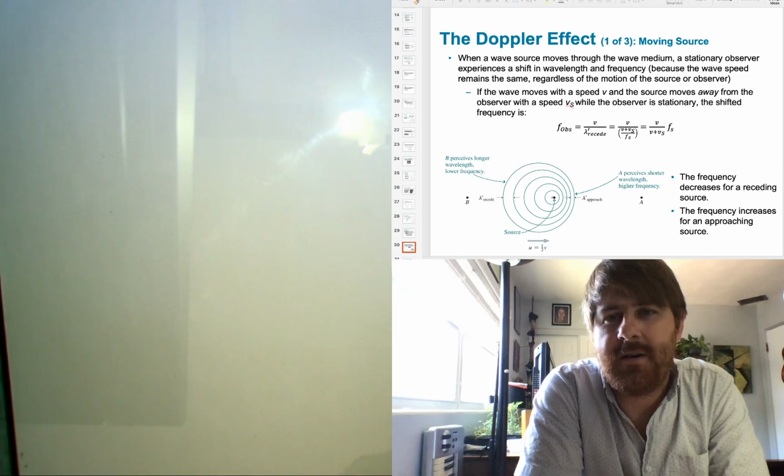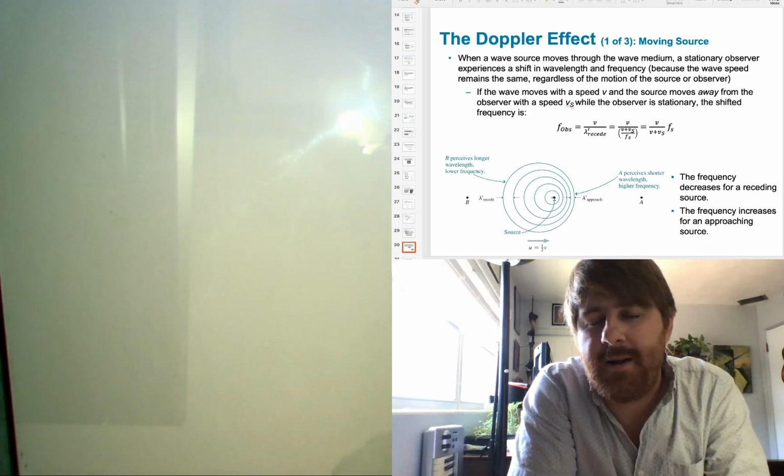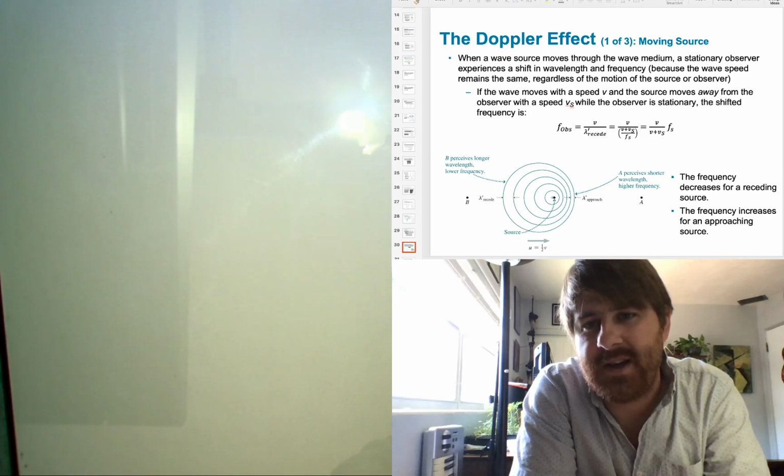Instead, what changes are the frequency and the wavelength that an observer would hear relative to the frequency the source was emitting. So let's first consider the case where there's a source and it's moving relative to a listener, okay? And it's moving away from the listener. We'll treat that as the positive x direction.